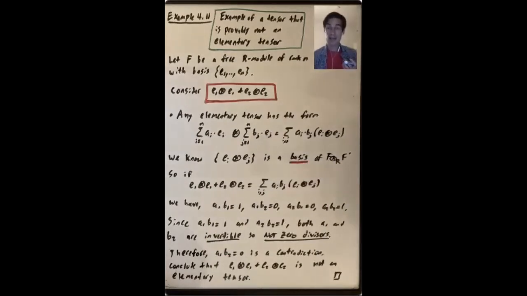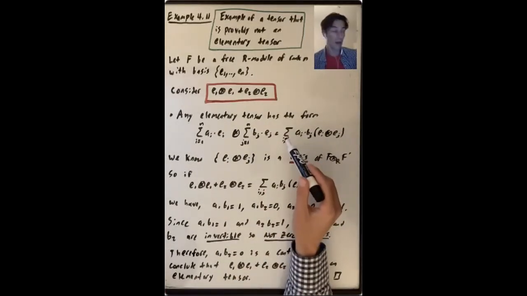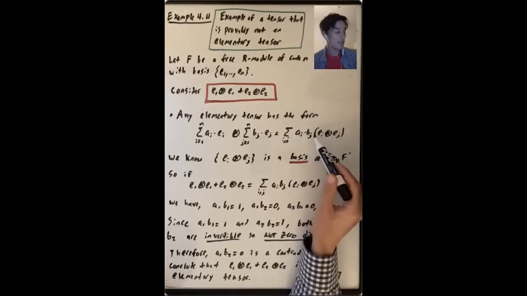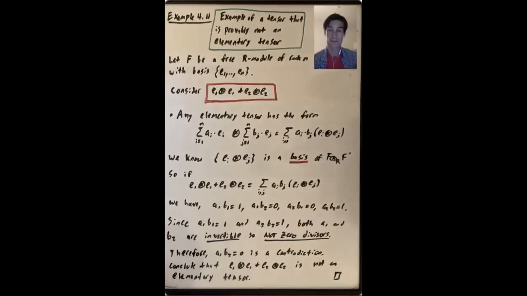But by the bilinearity of the tensor product map from F cross F into F tensor F, or just by elementary properties of tensors, this is the same thing as a sum over all i and j from 1 to n of a_i times b_j times e_i tensor e_j.